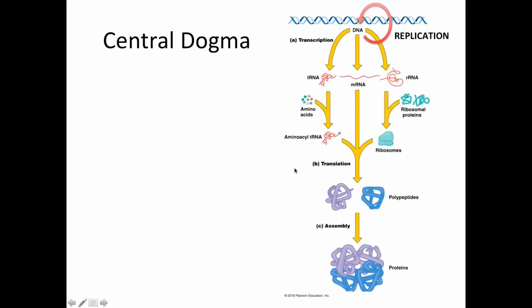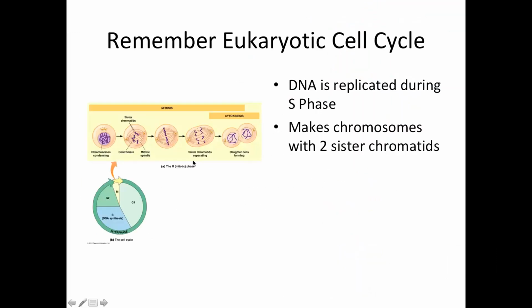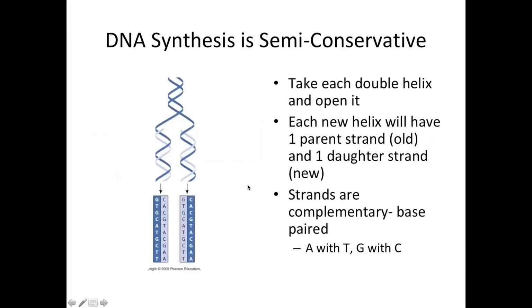Now this occurs in S phase. Shown here is interphase, with mitosis being a small part, and S phase for DNA synthesis is a part of interphase. At the end of DNA synthesis, we're going to end up with chromosomes that have 2 chromatids.